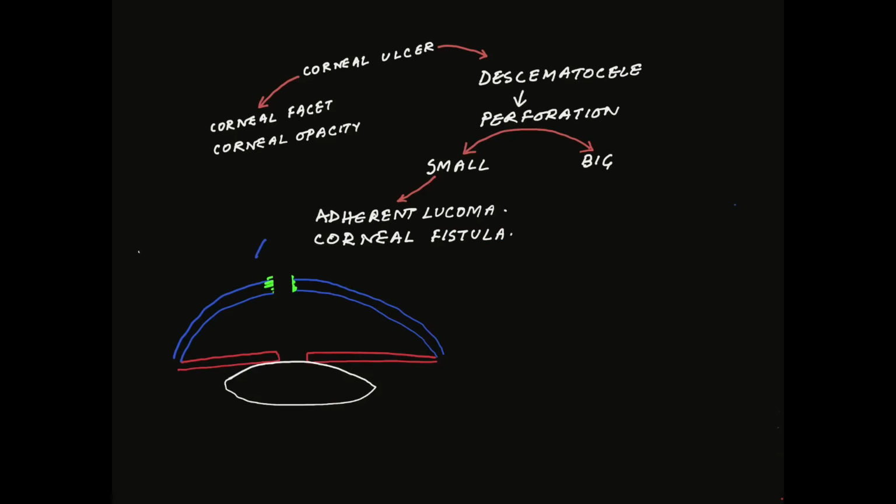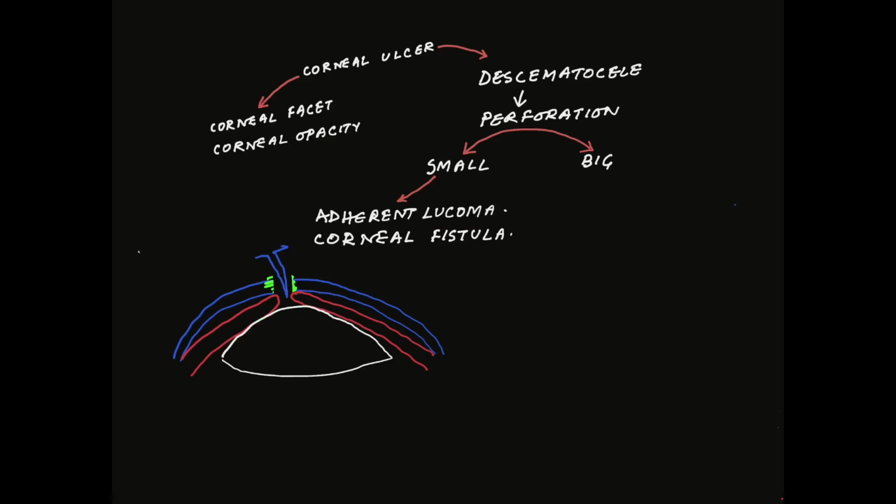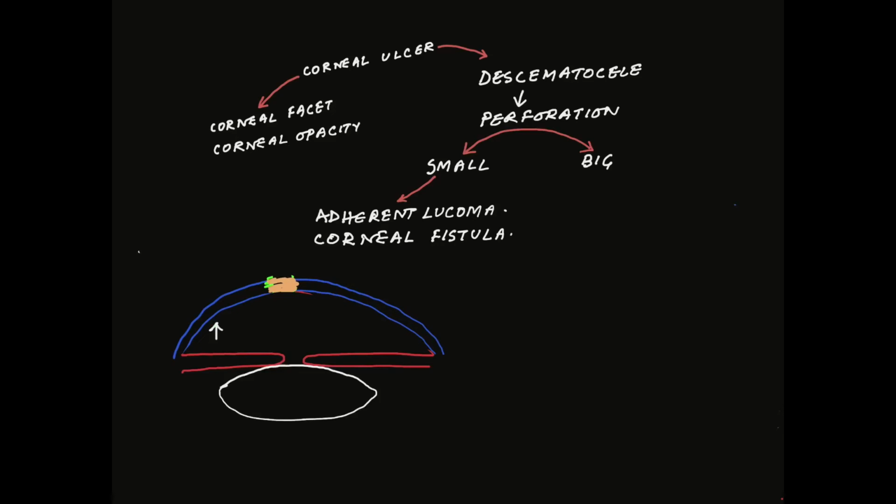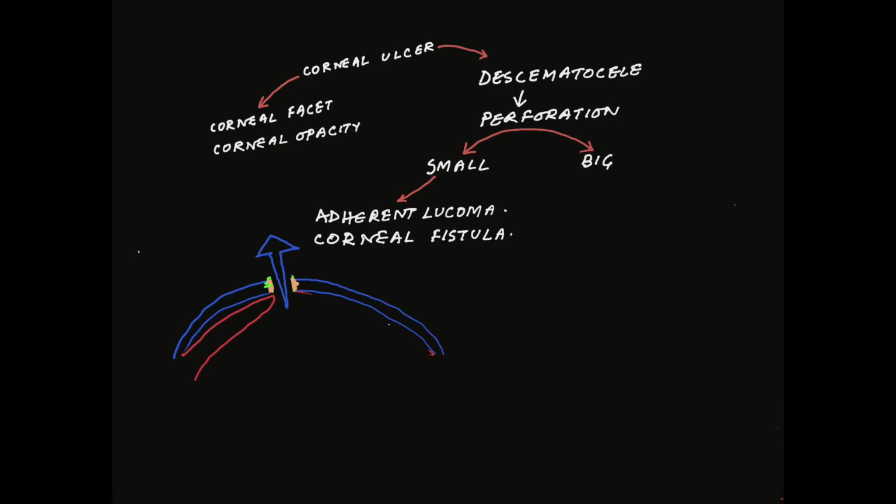There is a situation where there is a central perforation and the aqueous leaks, and the iris and the lens come and block it. The perforation gets blocked, the lens iris diaphragm goes backward, but again there may be perforation from straining and it will keep on repeating. This is called a corneal fistula.